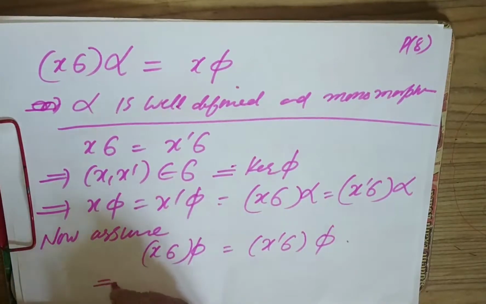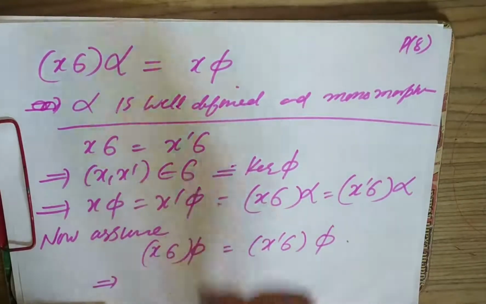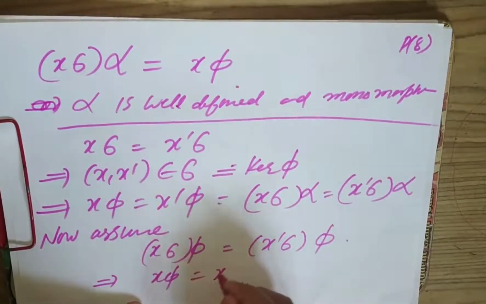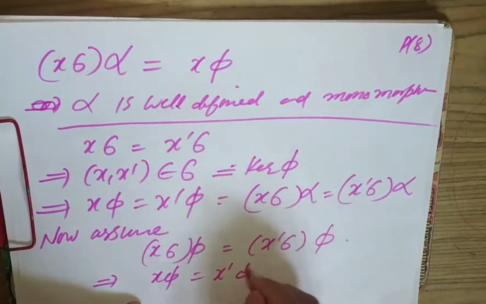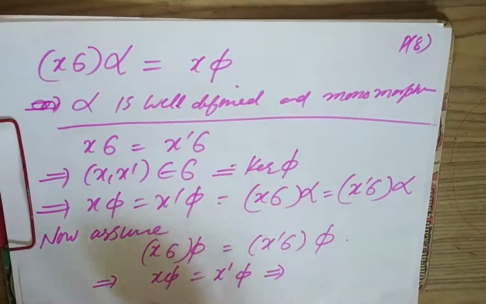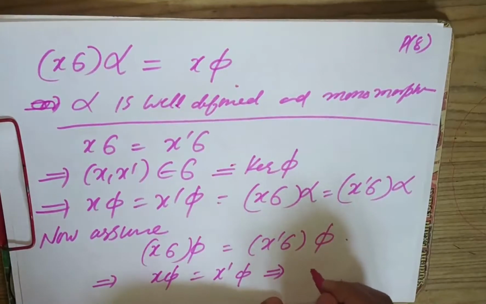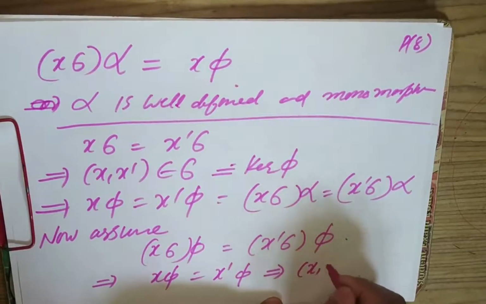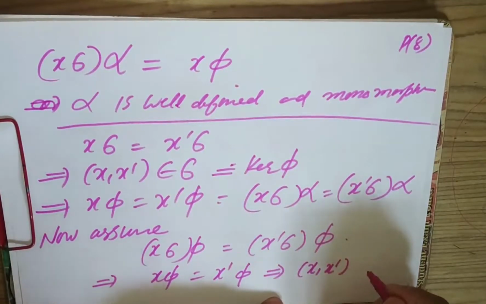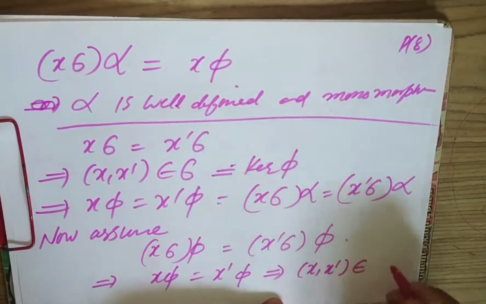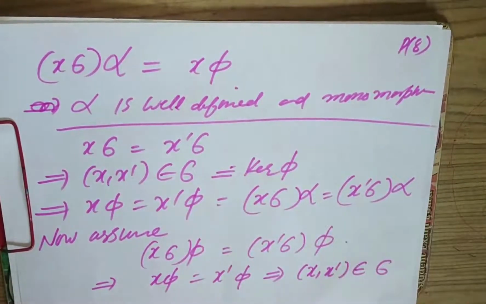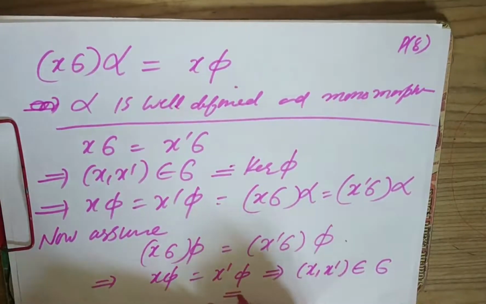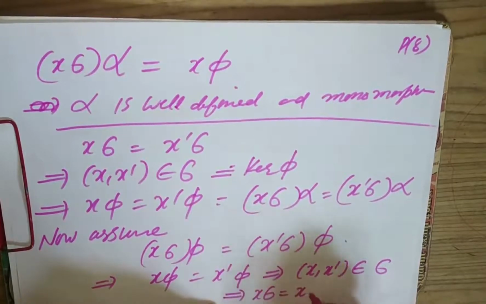By definition, x sigma alpha is x phi, so x phi is equal to x dash phi. It means that x, x dash are sigma related, since the kernel of phi is sigma. Whenever they are sigma related, their sigma classes are equal. This means x sigma is equal to x dash sigma.